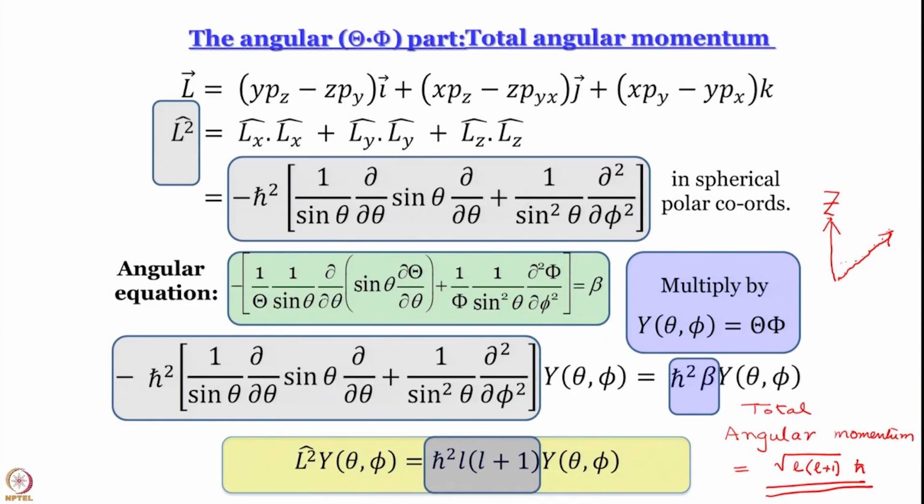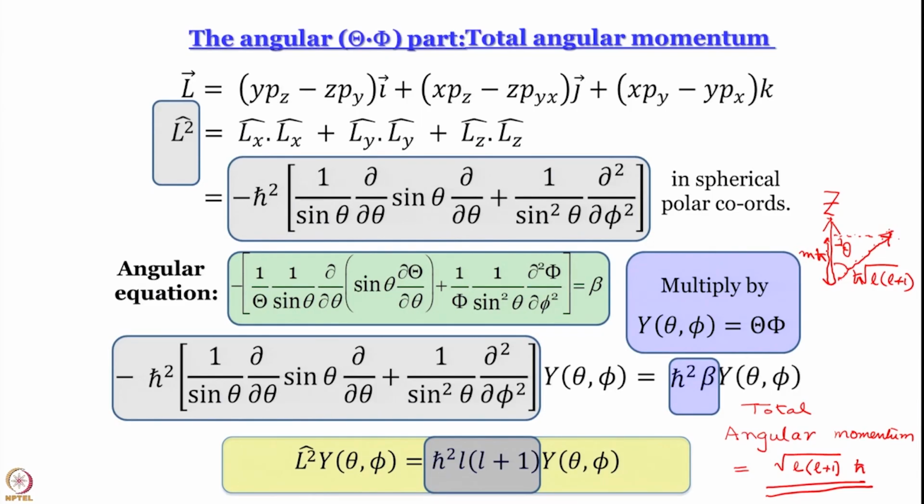So, what we get is, first of all this is theta. This length turns out to be root over L into L plus 1, and I will write h cross in the beginning. And if I drop a perpendicular here on z axis, what is this length? This is m h cross.